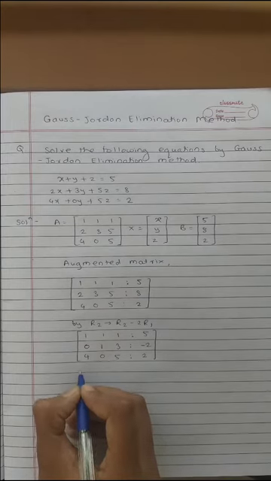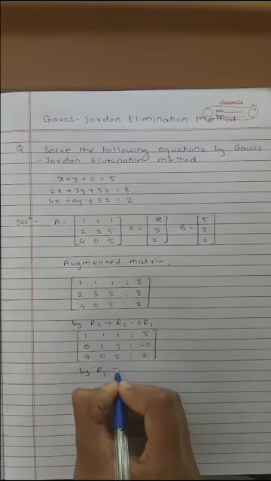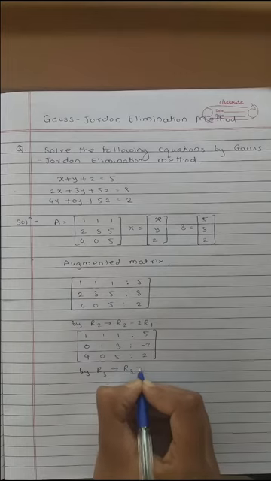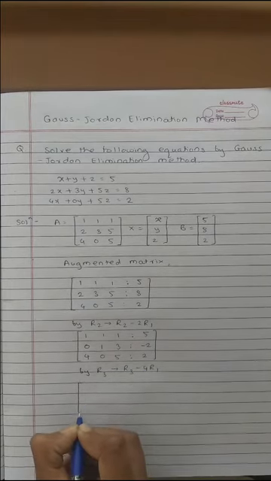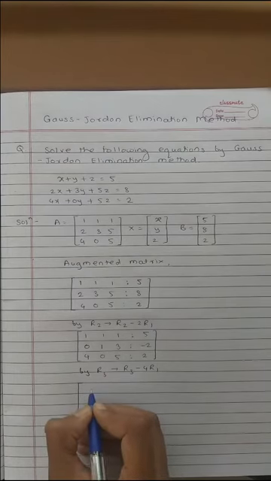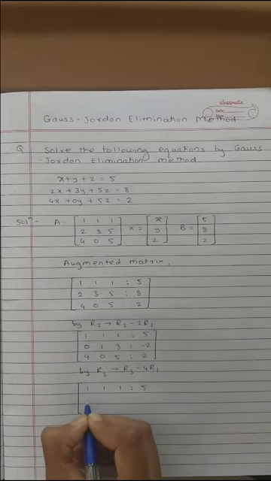After that, by performing R3 minus 4R1, we get the augmented matrix as 1 1 1 augmented with 5.